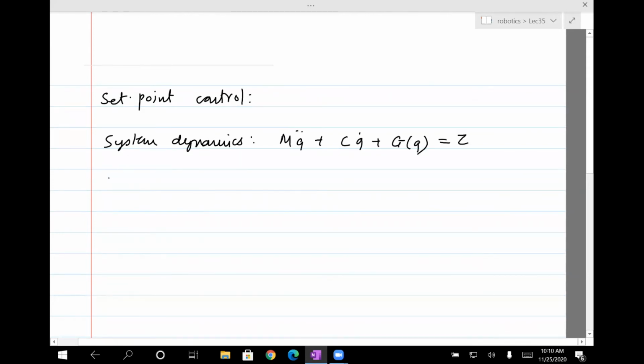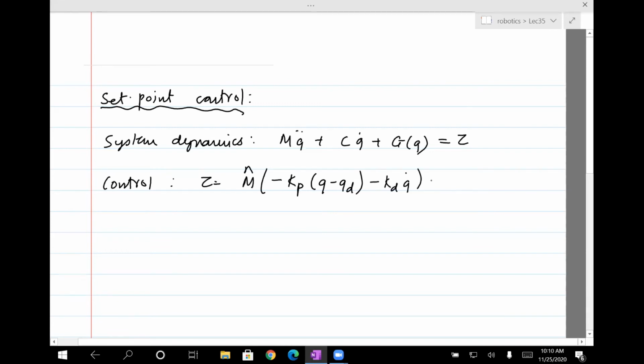And if you want to do the control using control partitioning, then tau equals the estimate of mass, M hat, times minus Kp times q minus q d, where q d is the desired or the reference, minus Kd q dot, plus C estimate times q dot plus G estimate of q. So the only change is right here.